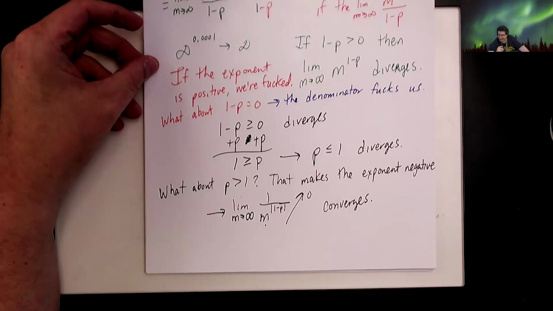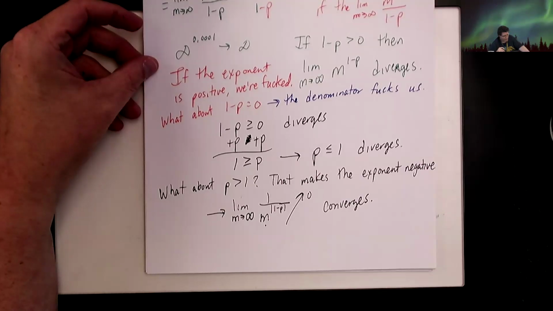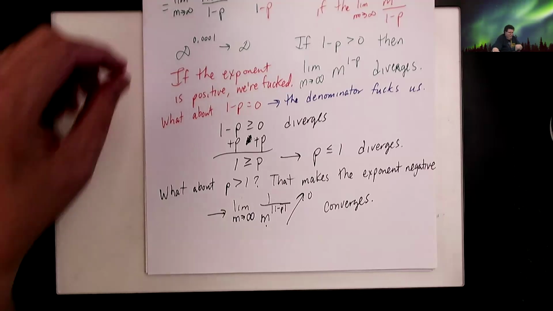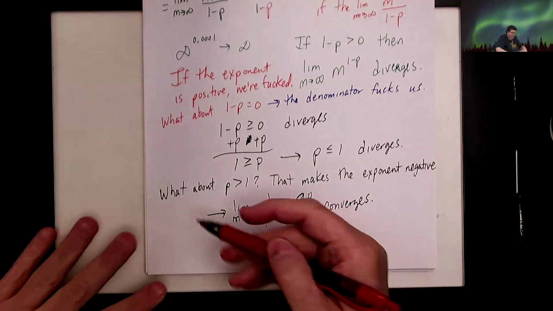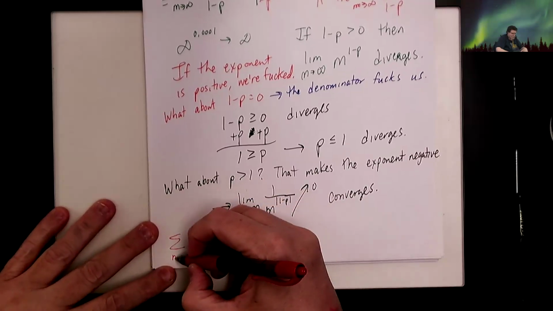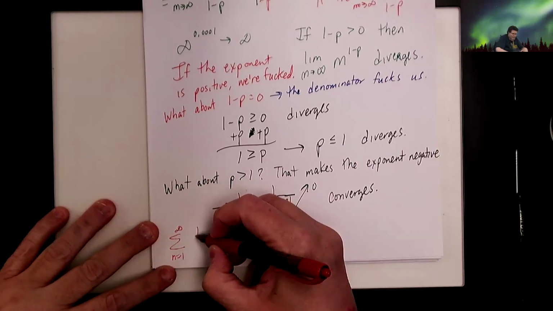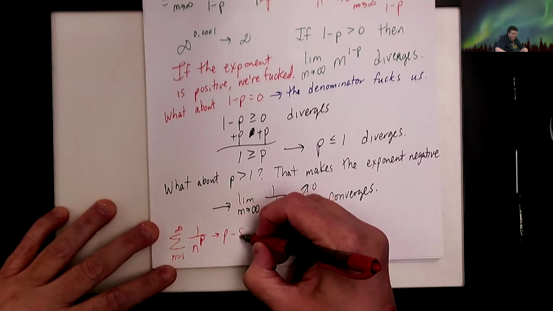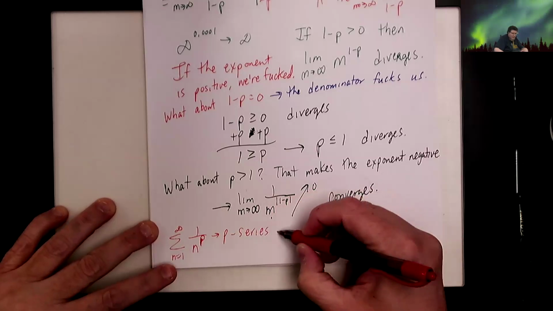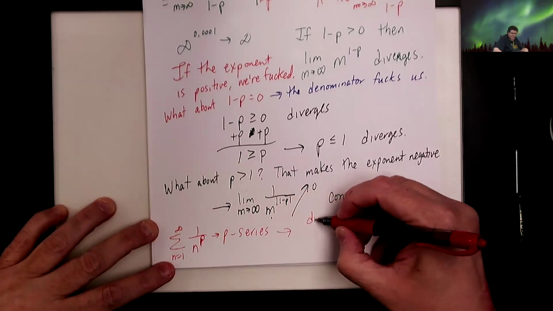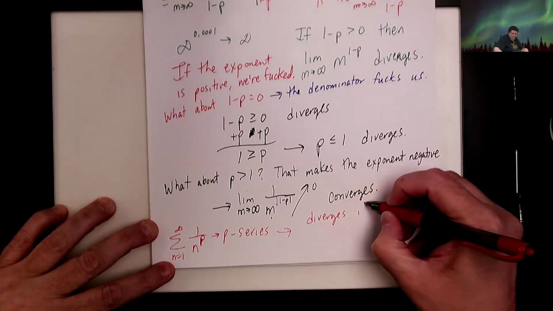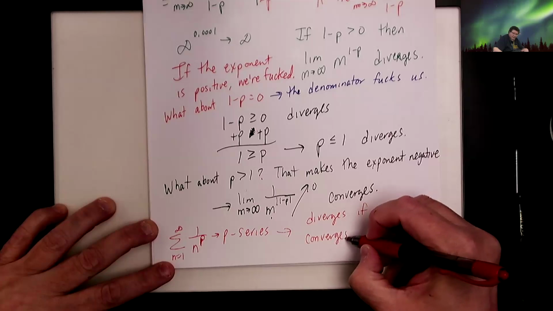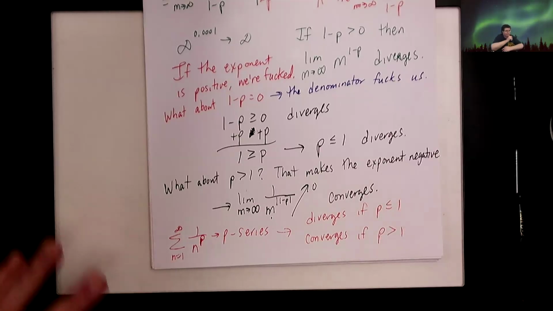Apparently I don't like infinity today. This is called the P series. The sum from n equals 1 to infinity of 1 over n to the p is the P series, and it diverges if p is less than or equal to 1 and converges if p is greater than 1.